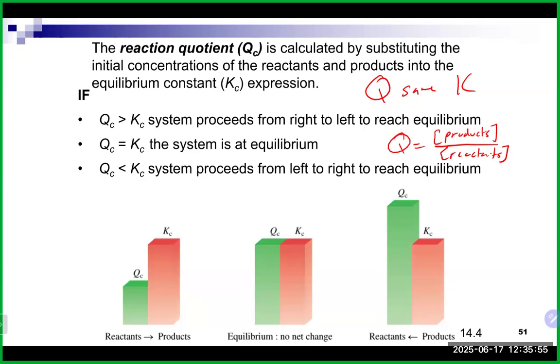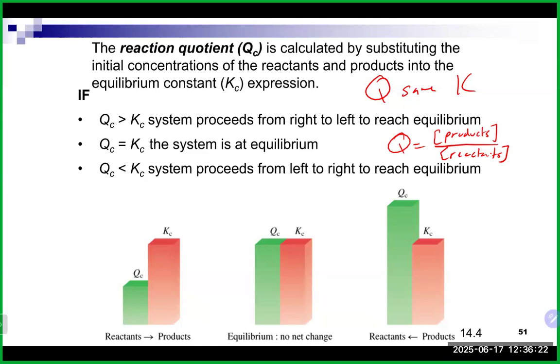It answers the question of, are you at equilibrium? Is this system currently at equilibrium? We typically use Q for initial concentrations, like if we're not sure if we're at equilibrium or not, we could calculate Q, and if we know the K value, we could then determine whether or not we are at equilibrium.